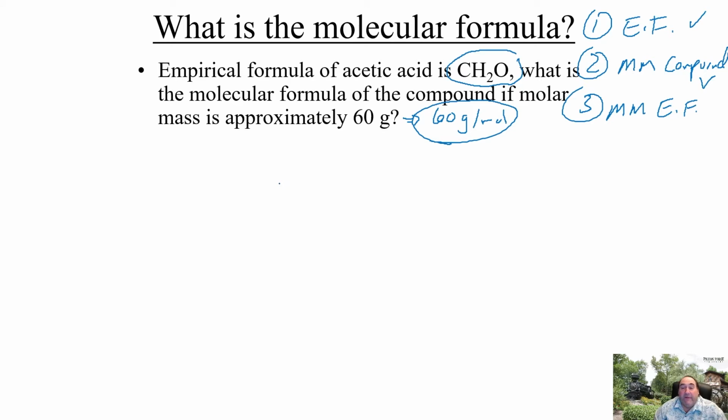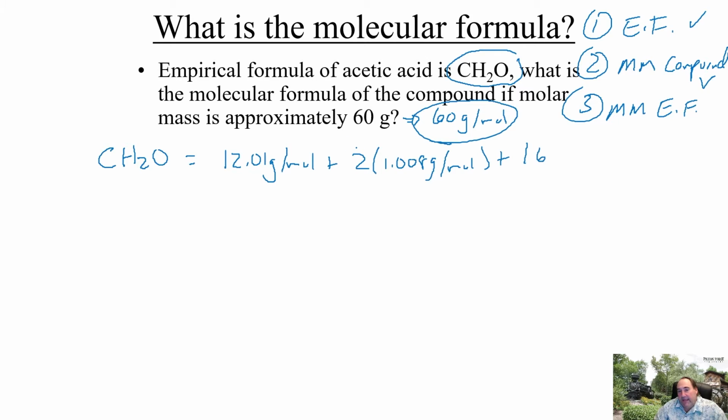These are all kinds of abbreviations here, MMEF. That we do have to calculate. CH2O is our empirical formula. Carbon from the periodic table is 12.01 grams per mole. There are 2 hydrogens from the periodic table at 1.008 grams per mole, and 1 oxygen at 16 grams per mole.